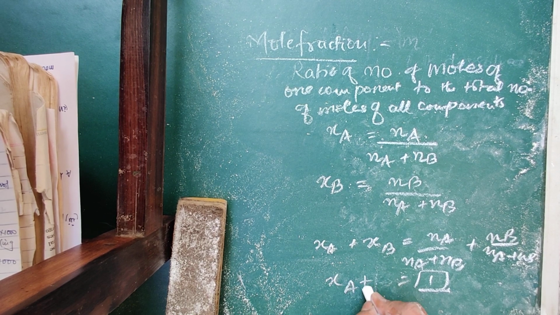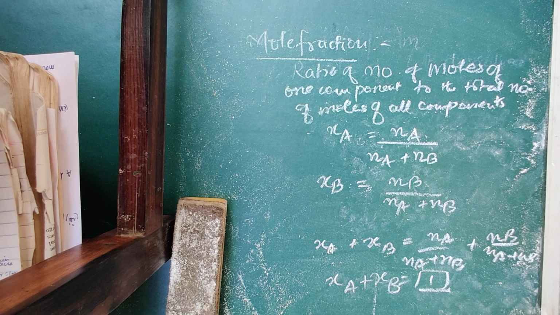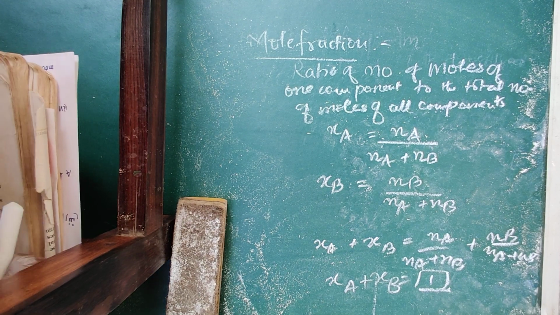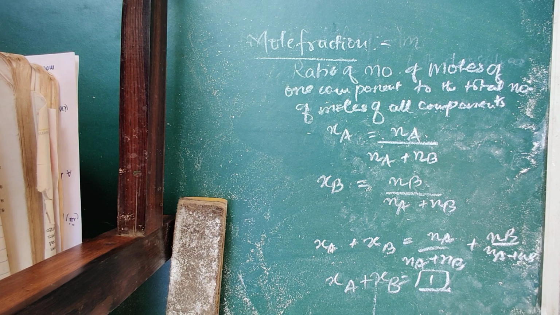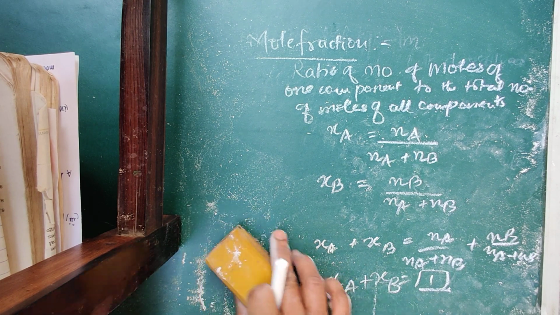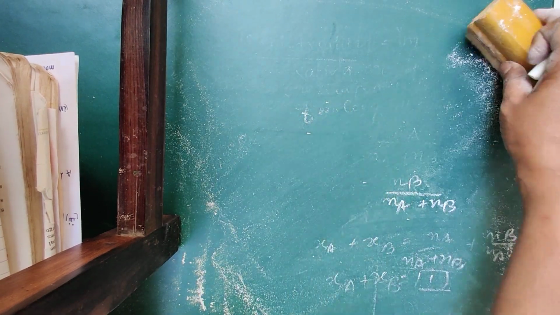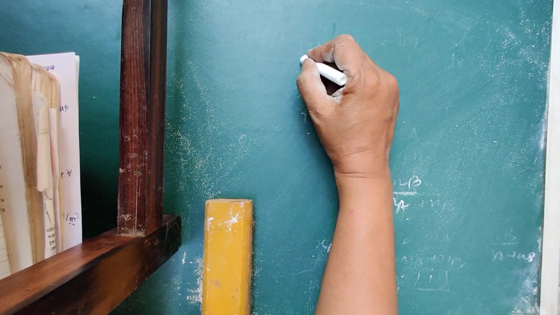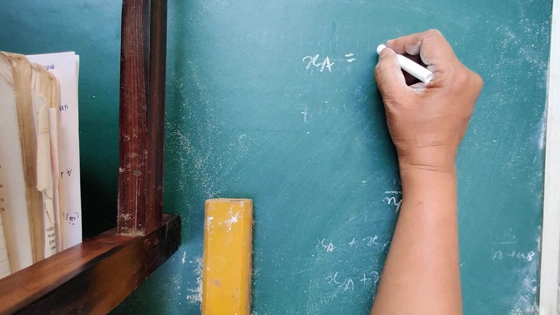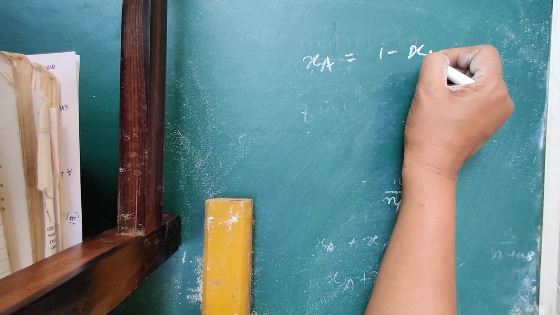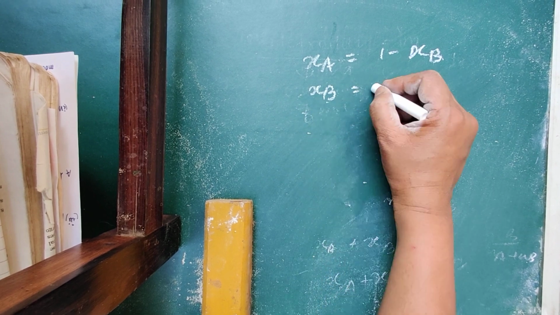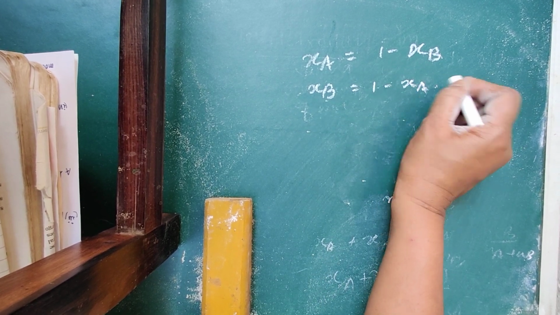XA plus XB is equal to 1. So if you know the mole fraction of one component, you can just subtract it from 1. If you want to find out XA, then 1 minus XB will be the formula, and if you want to find out XB, then it will be 1 minus XA.